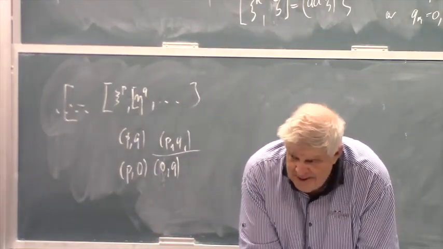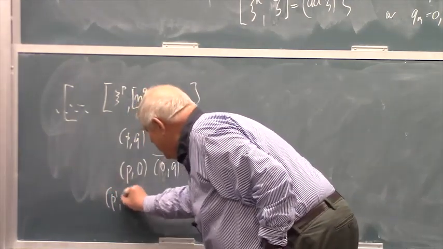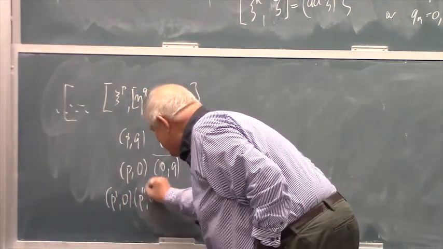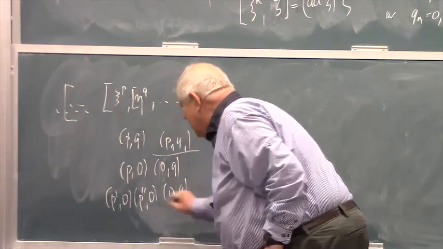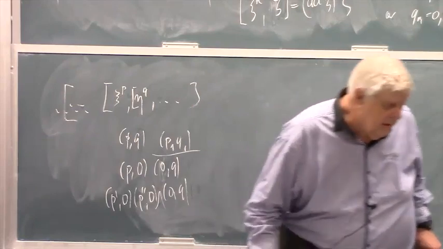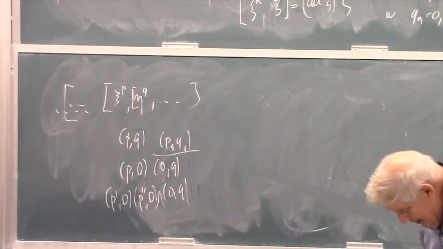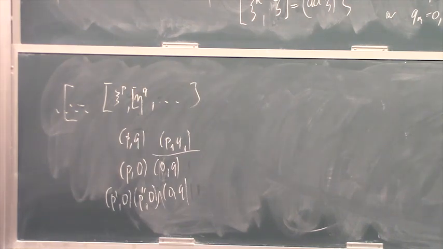But this is not all. Certainly you can also write p prime 0, p double prime 0, 0 q, and you can insert something here. So actually it is very clear that in this sum there are many, as children in intermediate schools say, like terms.